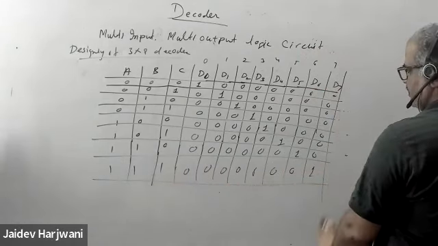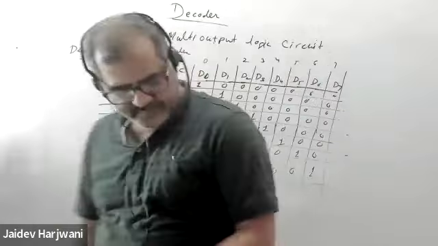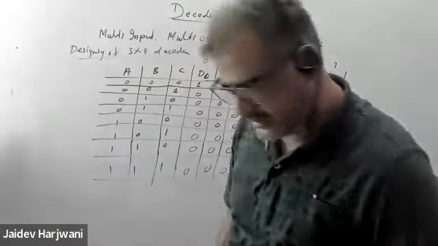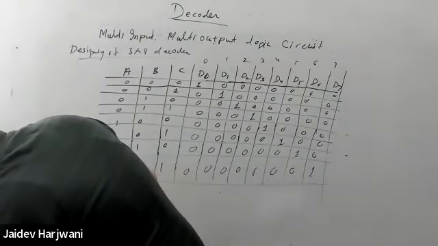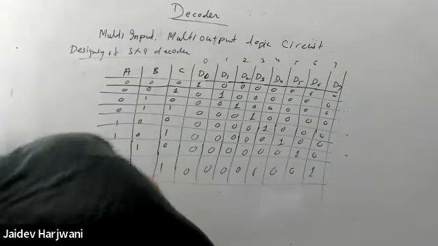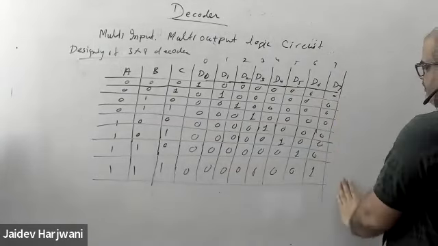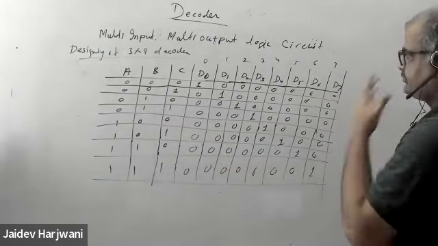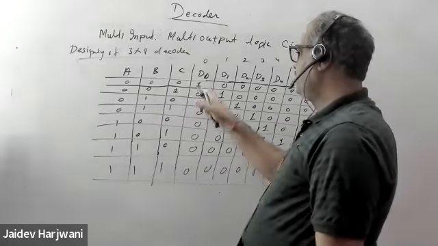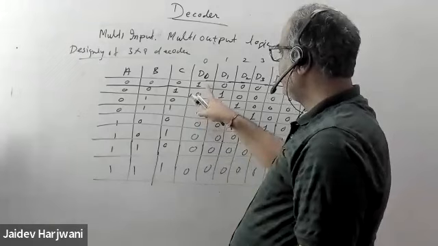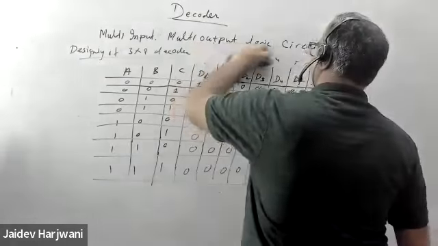So this is my truth table. Now I need to design the circuit which should give me this conversion. Whenever I put 0 0 0, the circuit should give me a high output for D0. So that is the circuit we need to make now.